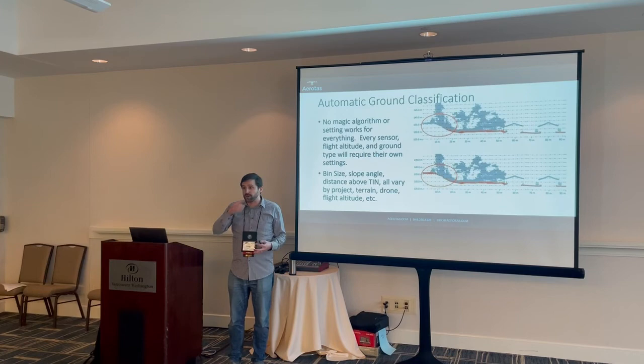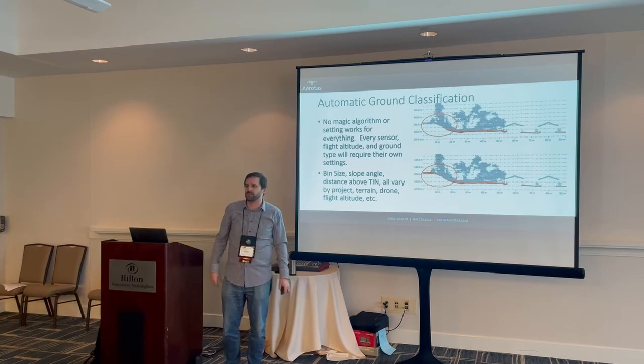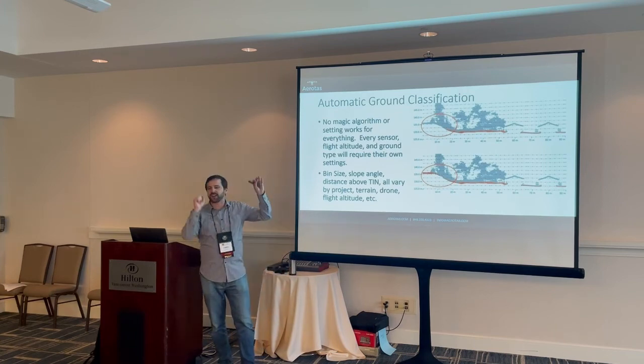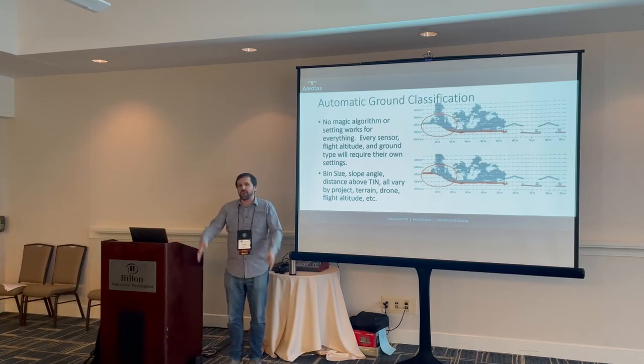We had software settings that we thought were magical, and it was taking all of this ground and throwing it out, saying, nope, that's way too sharp of a feature, that's not natural ground, it can't change like that. And then we switched it the other way, and it's like, okay, these really sharp features are ground, and so it would take these trees and say, all right, that tree is ground now.